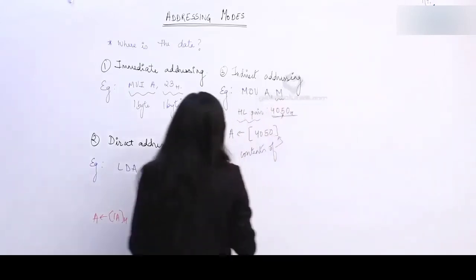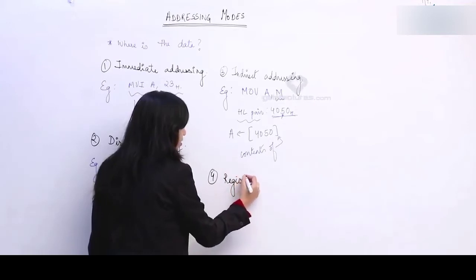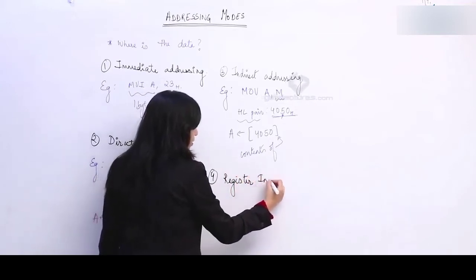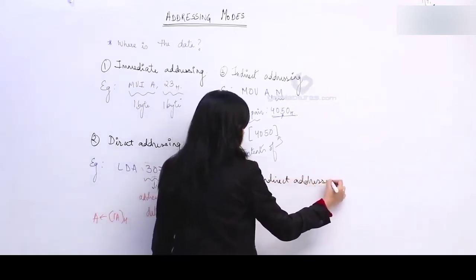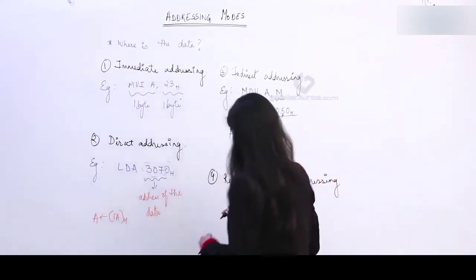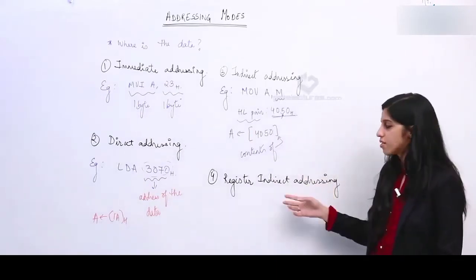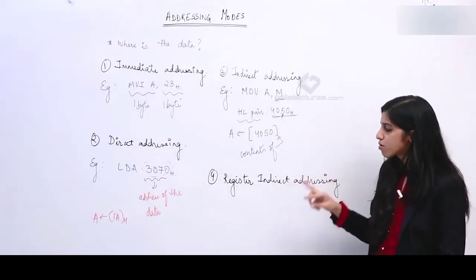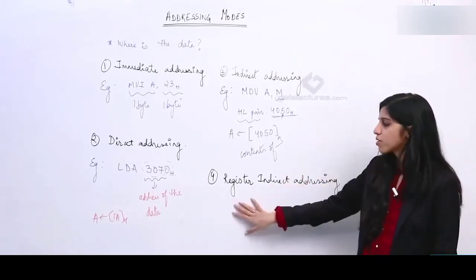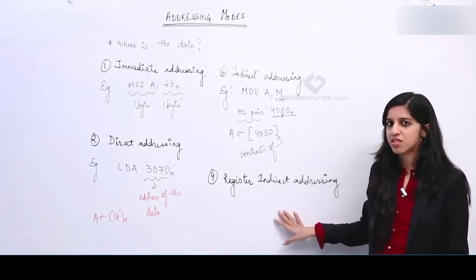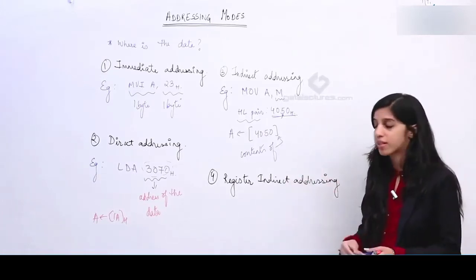Then there is one more addressing mode, which is register addressing. Here we are not going to access the memory. The source and the destination both lie in the microprocessor only. There is a source register and a destination register. You pick up the data from one register and move it to another register.